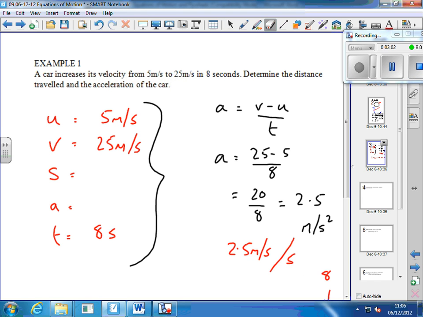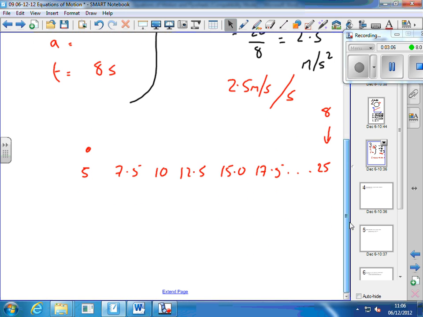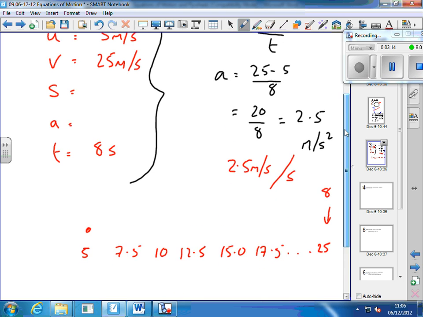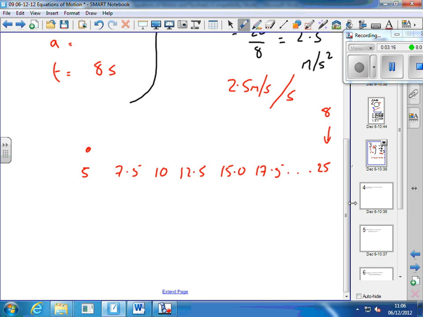Okay. So we've got the acceleration, and the next thing we need to do is find the displacement. So how do we find the displacement? What formula would you use? So for the displacement, s equals ut plus a half at squared. Because we know the time, we've now calculated the acceleration, and we know u.